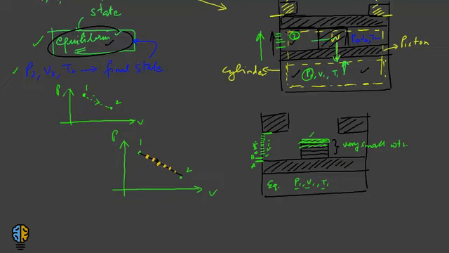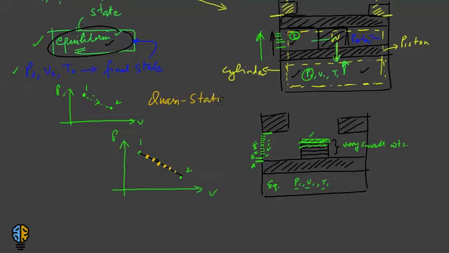Okay, so this is nothing but a locus. A process which is the locus of all the equilibrium points that are passed through by the system is known as a quasi-static process.